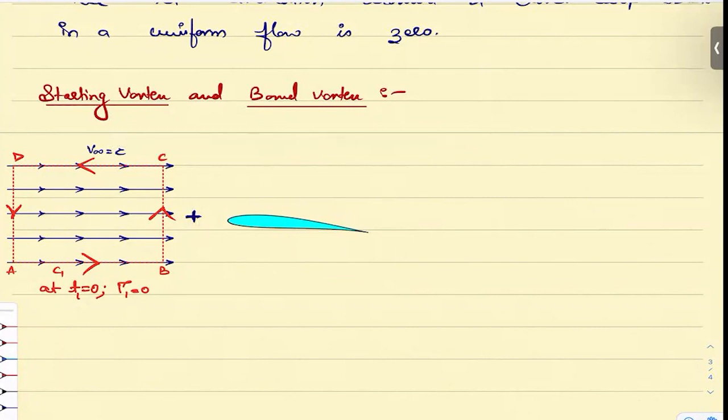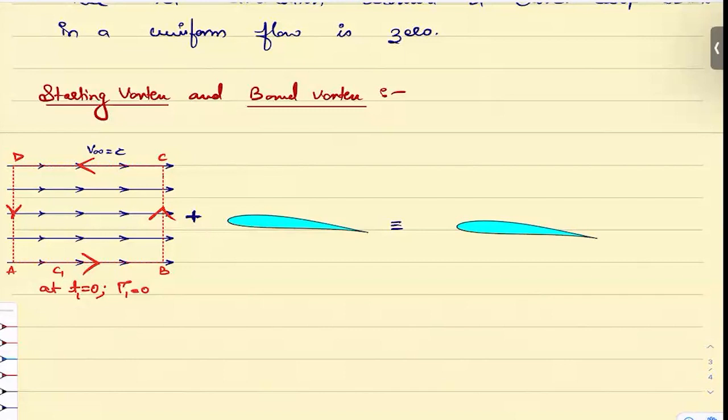So when this flow comes over this airfoil, let's see what you get. What happens is when this fluid passes over this airfoil, it will experience changes because of its shape and the orientation, there will be changes in velocity at different points.